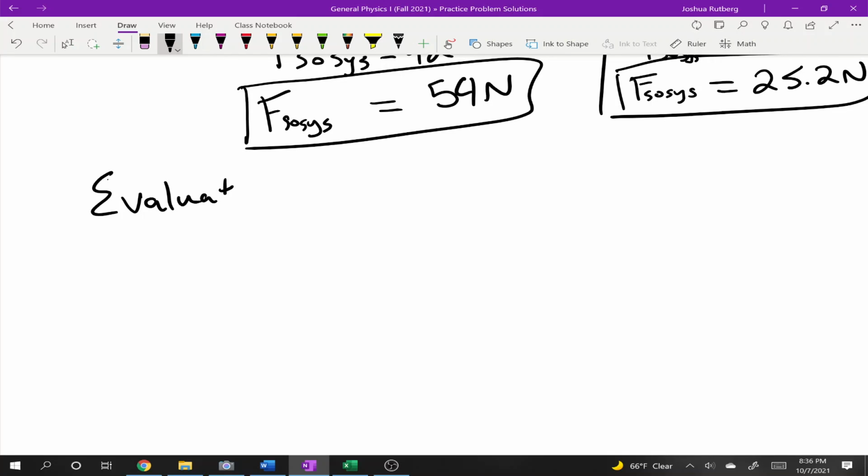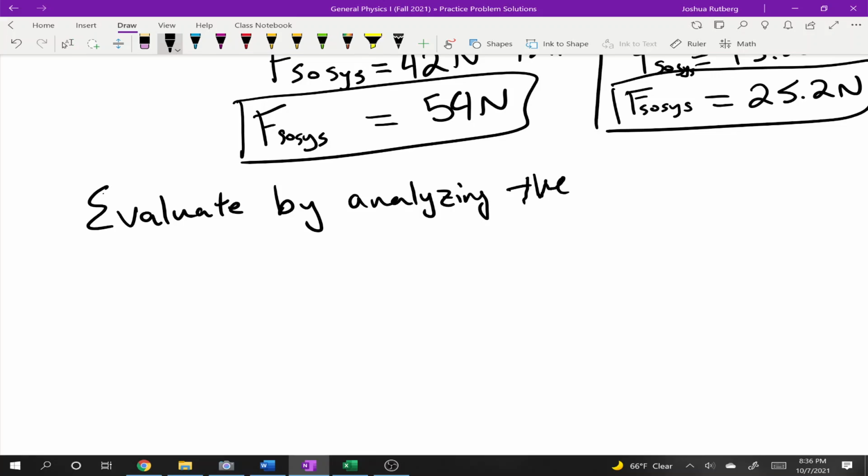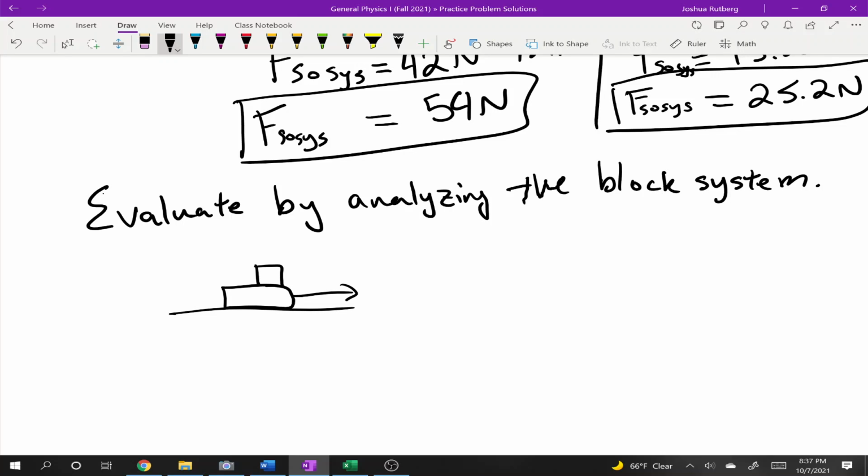So evaluate by analyzing the block system. Let me redraw a diagram here, just so that I don't have to keep going up.